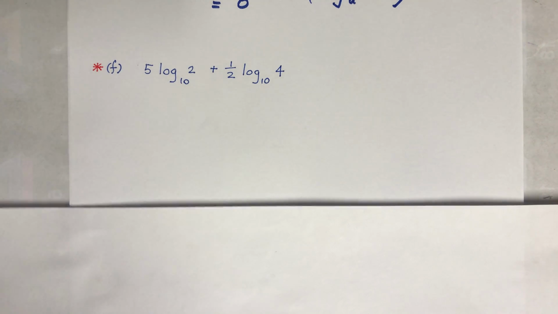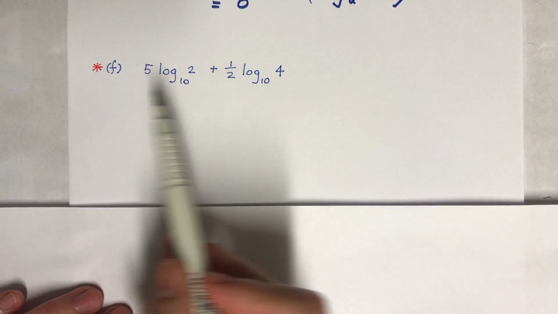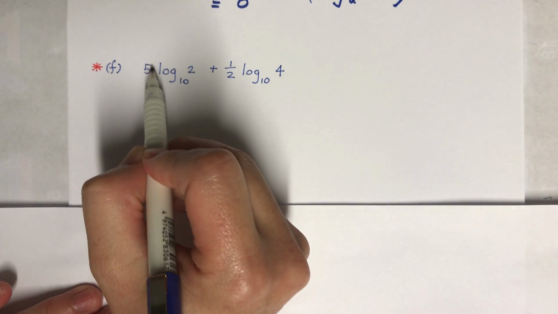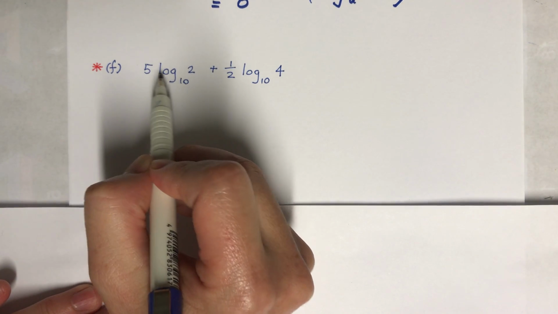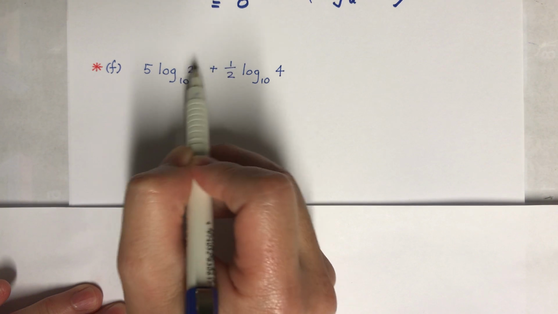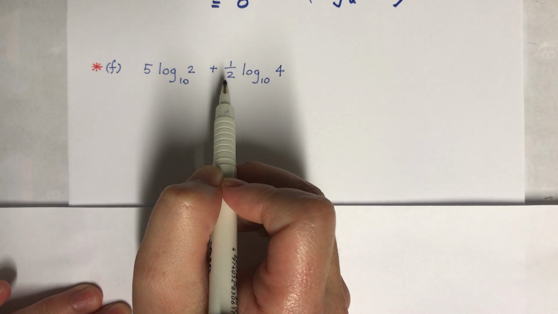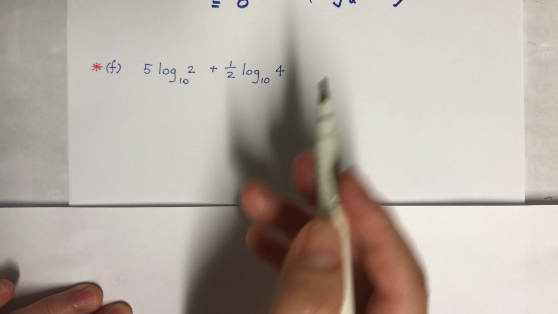So 5 times log of 2 to the base 10 plus half log of 4 to the base 10. What I'm going to do here is change this. This is the important part, because we can't solve this. You need to have a 1 in front of the log to use the log laws.